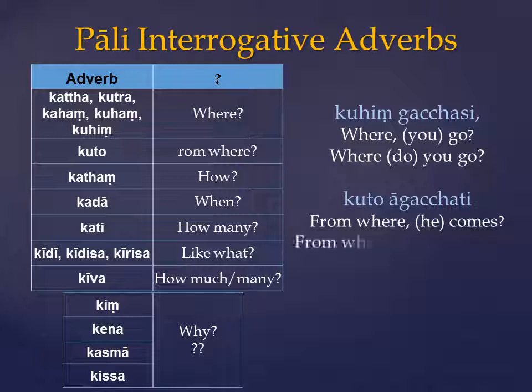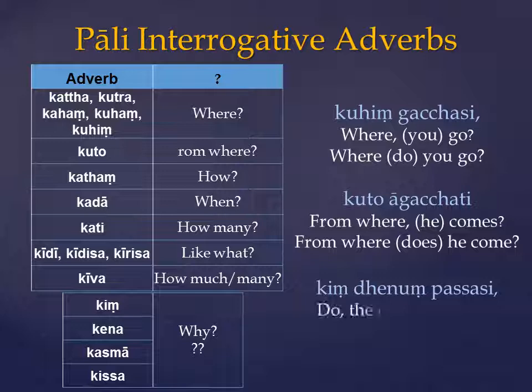So, from where does he come? King denong pasasi. Again the verb is in second person, meaning you see, and the noun cow is in accusative, so it's the object that is seen. King here just indicates that the statement is actually a question. Do you see the cow?